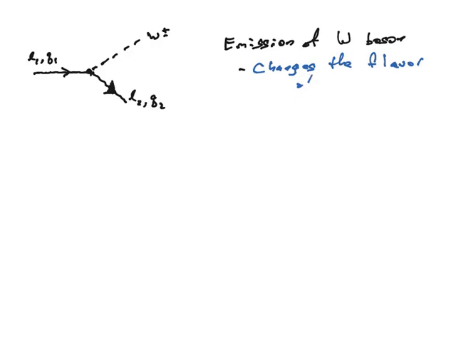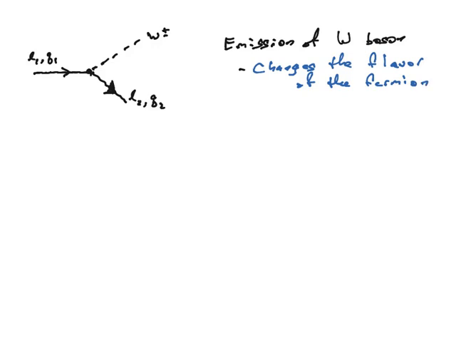So this is emission of a W boson. What do we know about it? Well, one thing we know is it changes the flavor of the fermion.